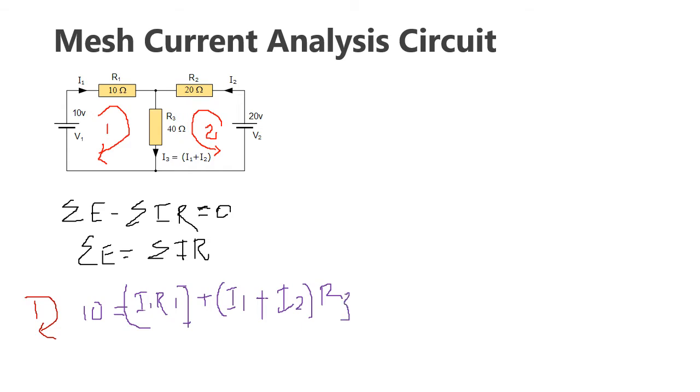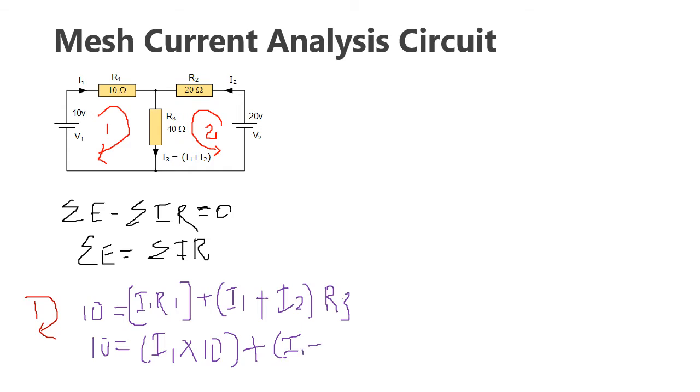Now I am going to substitute the values. 10 equals I1 into R1, and we know the value of R1 is 10 ohm, plus I1 plus I2 into R3. For R3 I can substitute the value of 40 ohm.